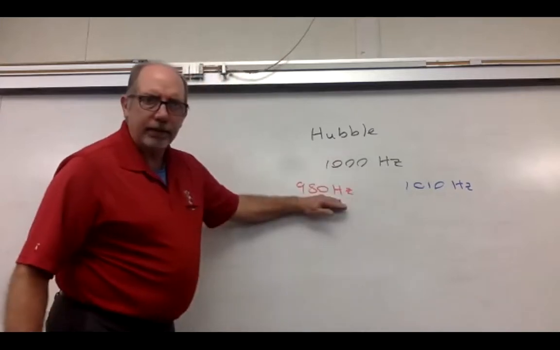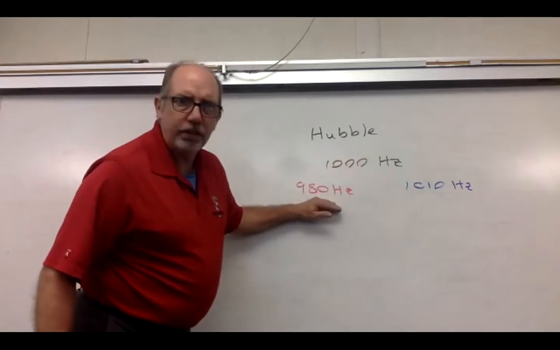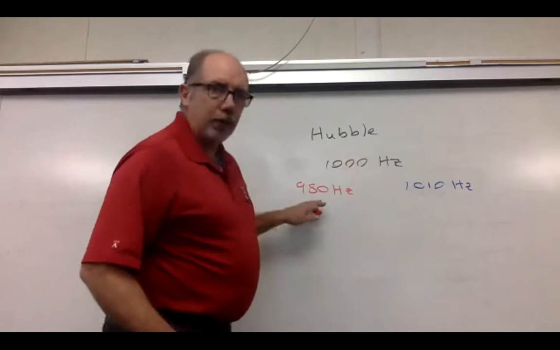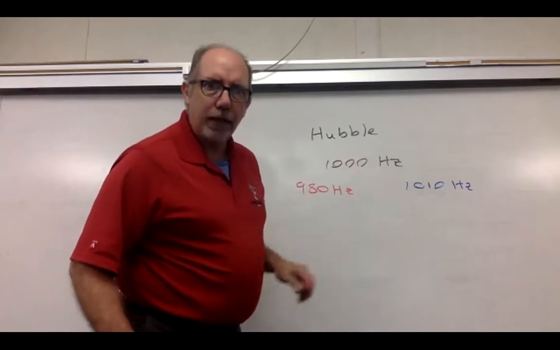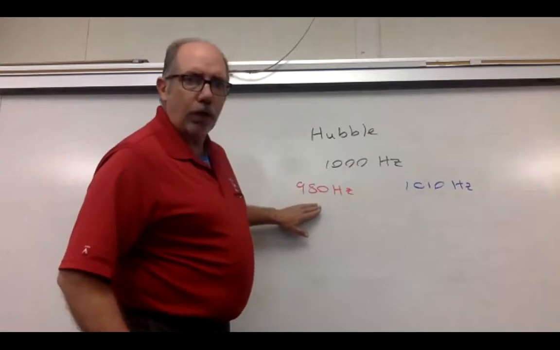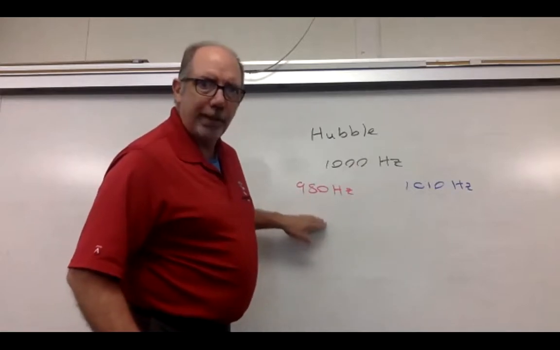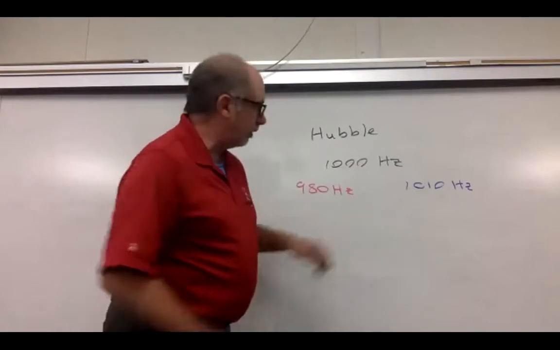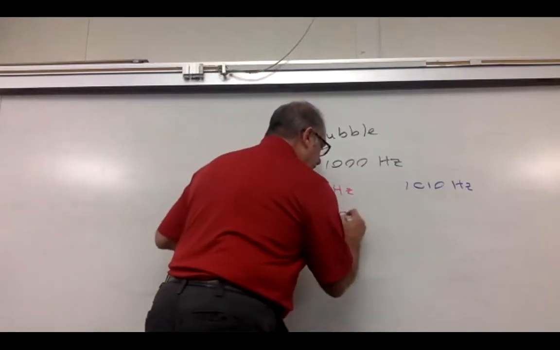Because of the Doppler effect, the Doppler shift. And in astronomy, this is known as the redshift, okay, as the redshift, because the light is shifted down towards the red end of the spectrum. I'll talk more about this when we talk about color. I want to come back to this. But they call this the redshift.